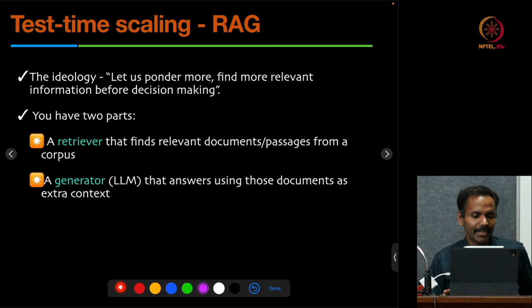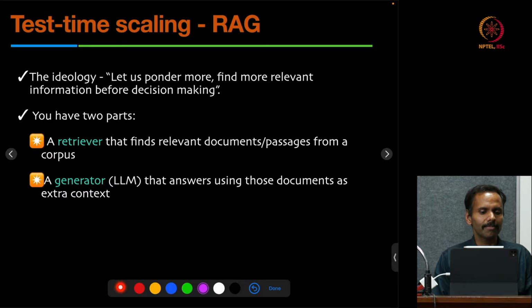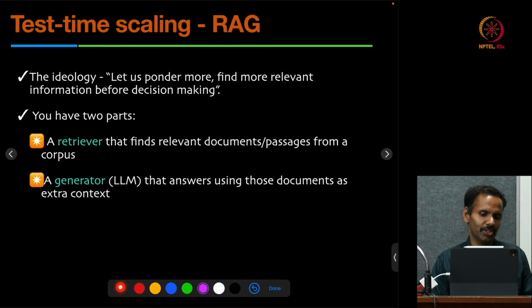So the key ideology, again the big picture: let's ponder more, find relevant documents or information, find subsets of knowledge bases that are relevant to this particular response, and then make the decision.